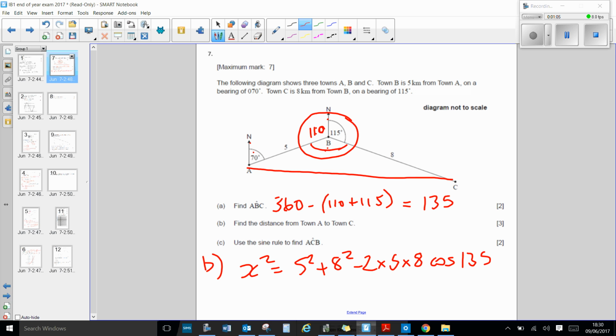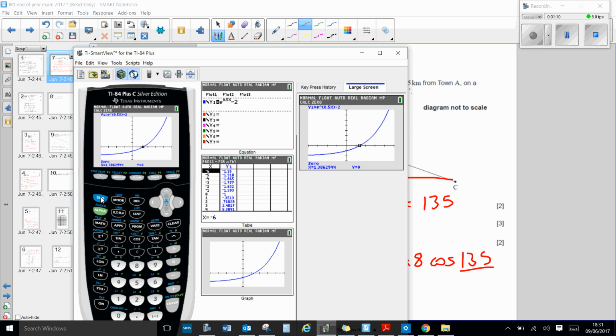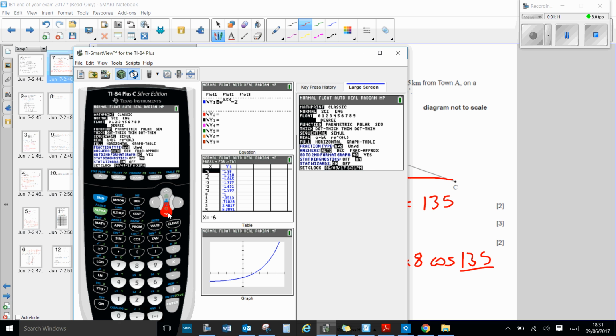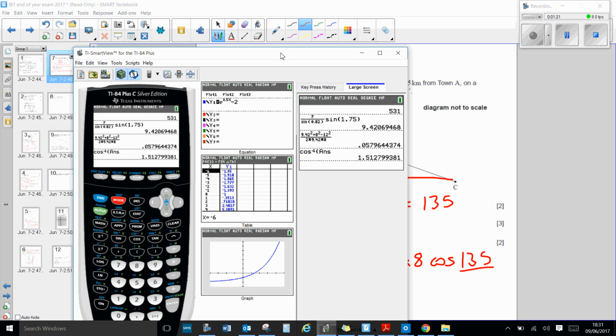Note we are now back into degrees. So before we put this into our calc, we need to make sure our mode is set back at degrees. And then we're inputting in.